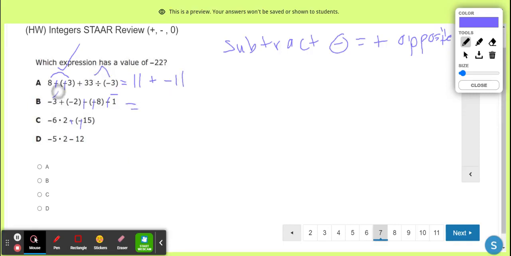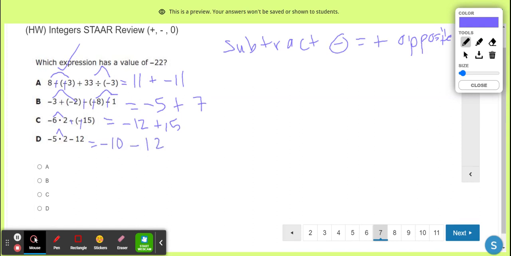It looks like -3 plus -2 is -5, and 8 plus -1 is going to be 7. So 2 times -6 is -12, plus 15, and then we have -5 times 2 is -10, minus 12.